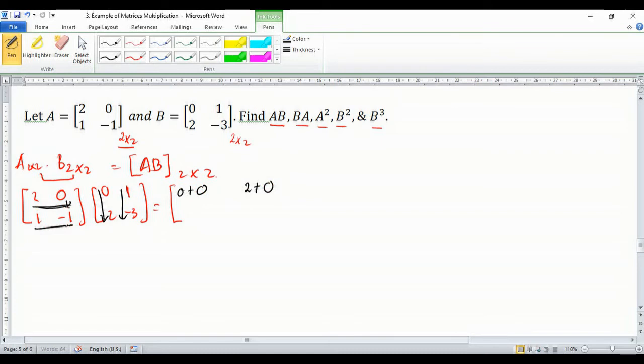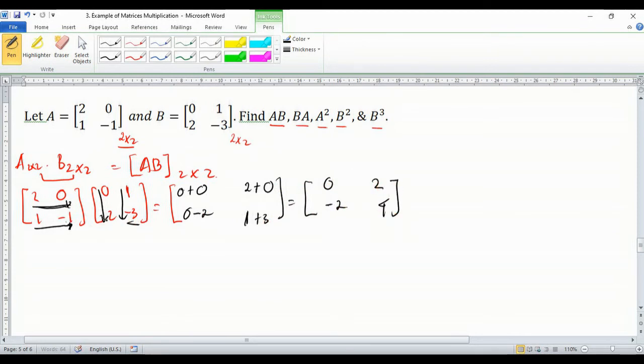And then for the second row, first column: 1 times 0 is 0, minus 1 times 2 is minus 2. And for the second row, second column: 1 times 1 is 1, minus 1 times minus 3 is positive 3, so 4. So the result for AB is 0, 2, minus 2, and 4.